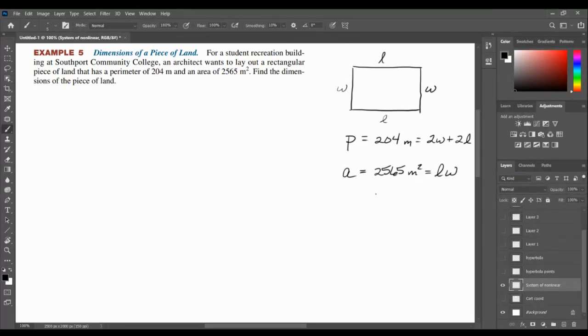So to solve this, maybe I'll take this second one and solve for L. L equals 2565 divided by W. And now I could substitute that in up here.